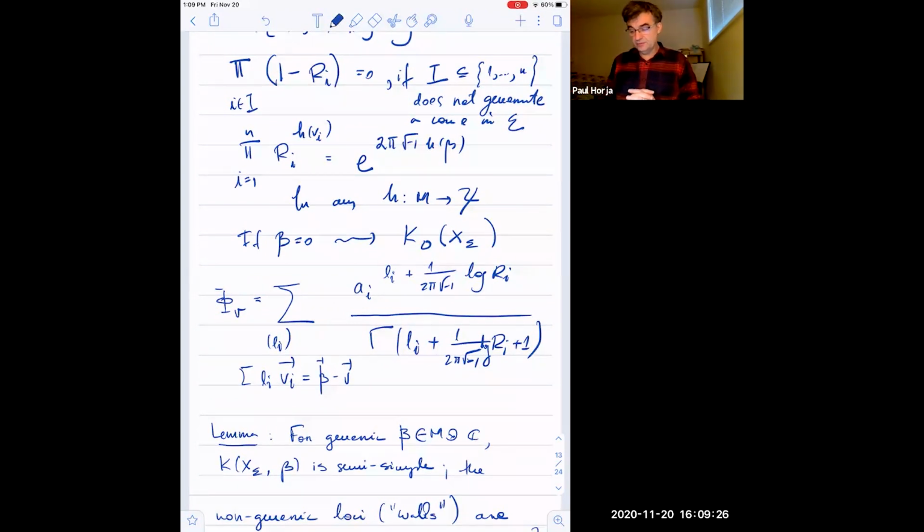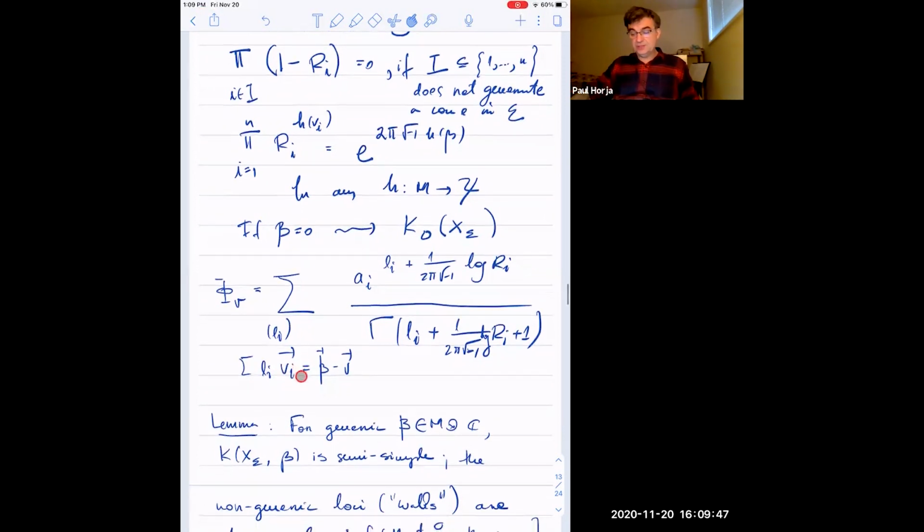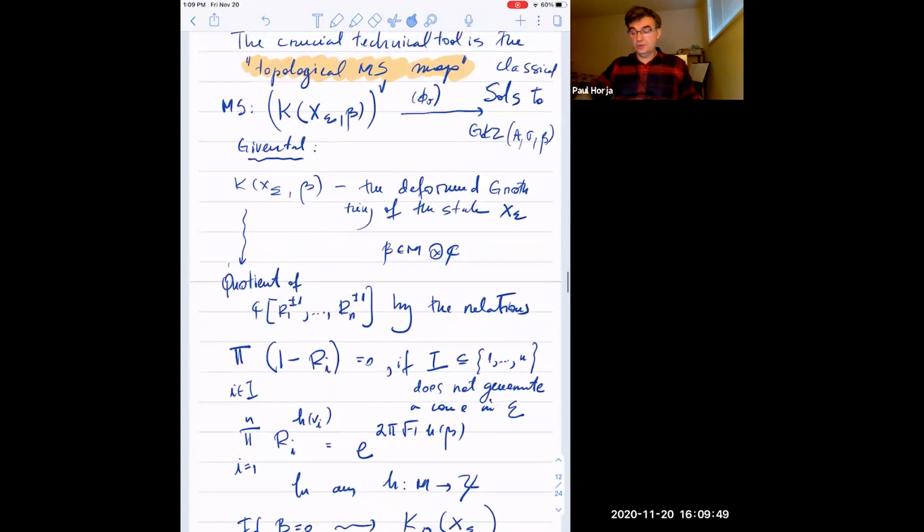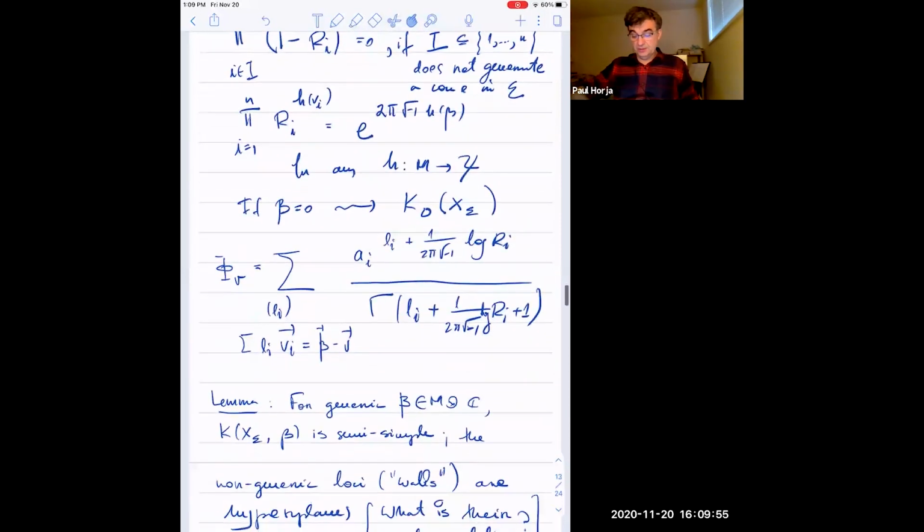So you take their log. There is some ambiguity in choosing these logs, but the ambiguity is fixed by imposing this linearity condition, and then you sum over these, and this is kind of the magic sauce in this story. That gives this connection, as I said.